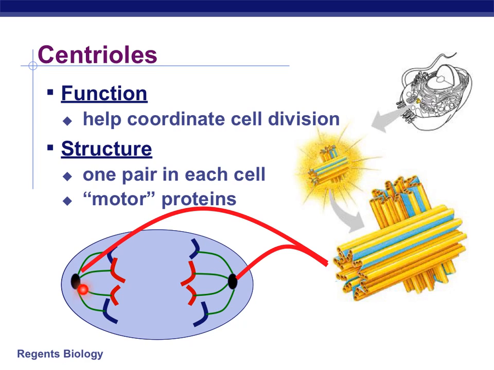So when this cell actually splits into two individual cells, when it splits right down the middle here, the centrioles help to make sure that each of them have the correct DNA or chromosome or genetic information components.